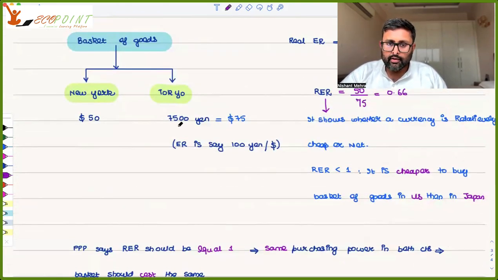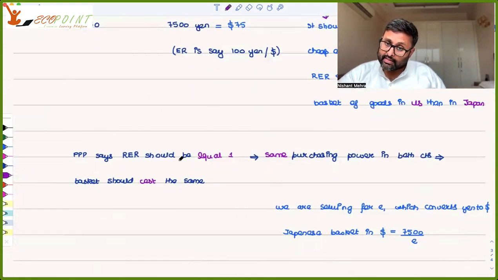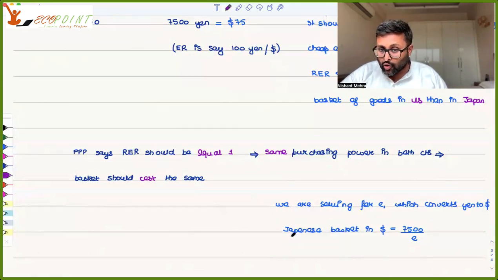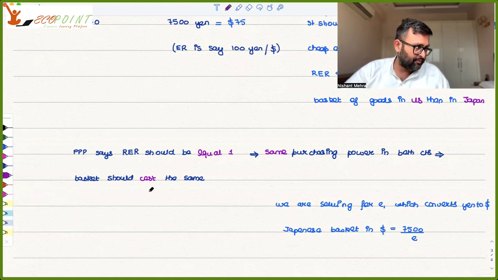This you did, right? 7,500 yen, exchange rate was 100 yen per dollar. So 7,500 upon 100 will give you the cost of the foreign basket in terms of dollars. Dollar is the domestic currency.